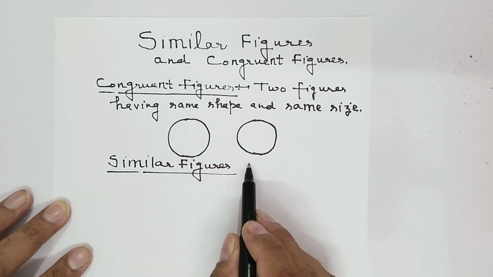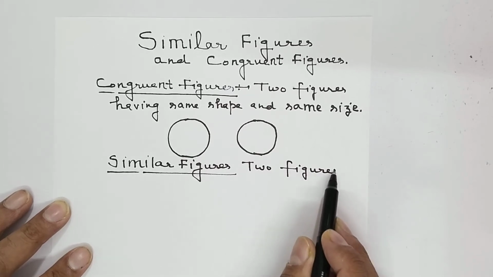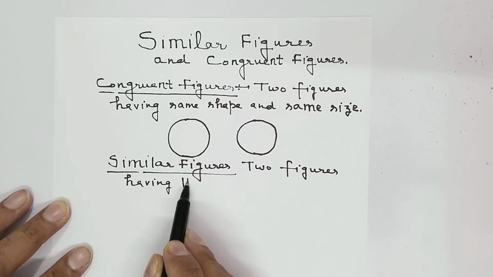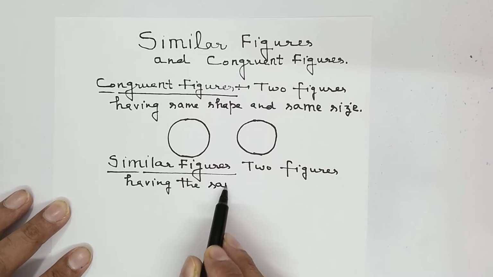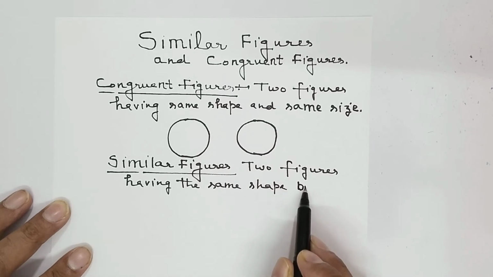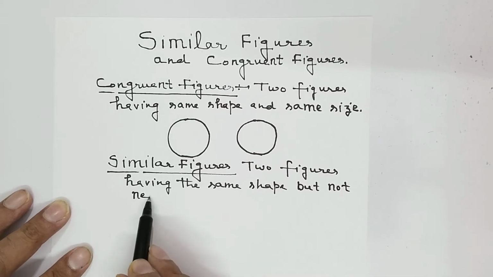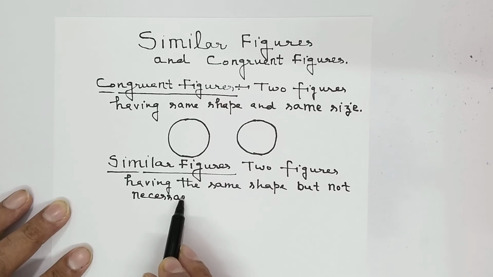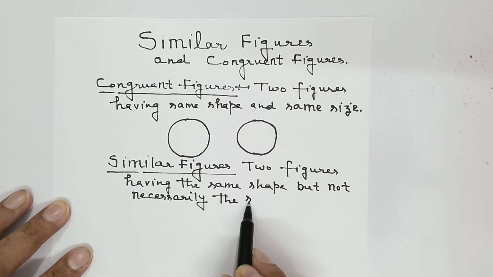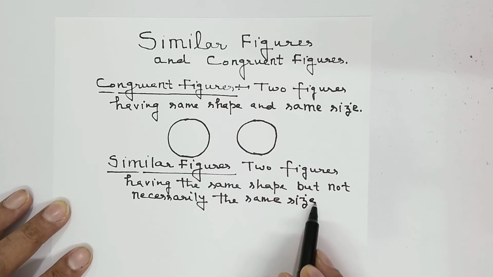Two figures having the same shape but not necessarily the same size. Such type of figures are called similar figures.